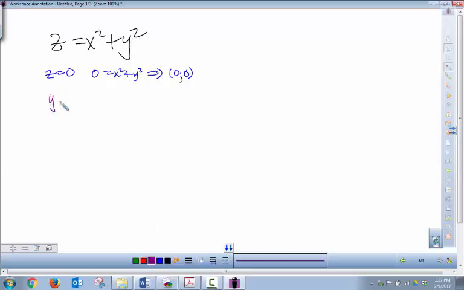We do x first, y first. Y is 0, doesn't matter. Z is equal to x squared plus 0. So that's a parabola opening up along the z. If you label your axis correctly, x and z.